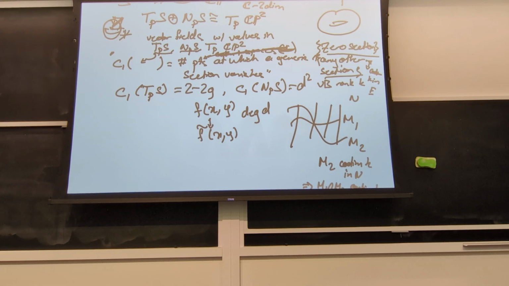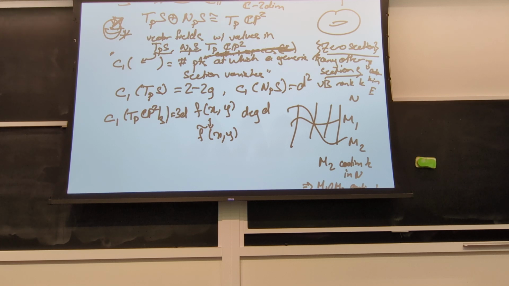And the third thing that we'll need is, I guess this is where the definition of Chern class is a bit iffy, but I'll just say that for now, the Chern class of TCP2 restricted to S turns out to be equal to 3d.